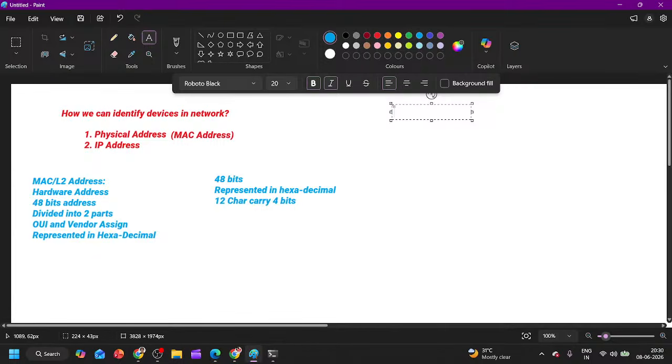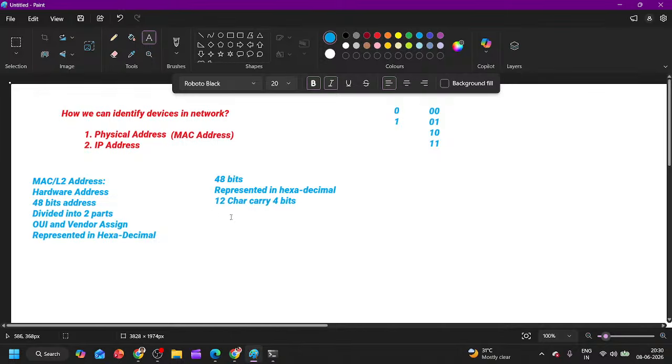With 1 bit, you can represent only 2 values, either off or on. With 2 bits, it can be 00, 01, 10, and 11. Similarly with 3 bits and 4 bits. 4 bits are required to represent one hexadecimal character.